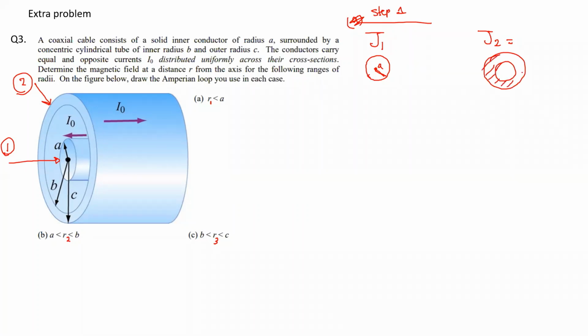This is your area, and it has an inner radius of B and outer radius of C. So I want you to find the current density of this one and this one separately and tell me what is the area. What's the area of a circle? Pi a squared, right? Remember? So for this one, it is pi a squared, area of this circle, cross section.